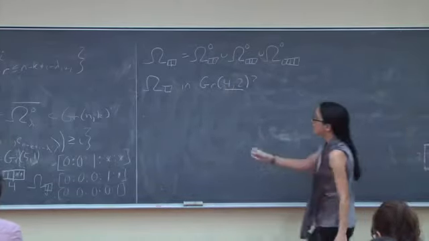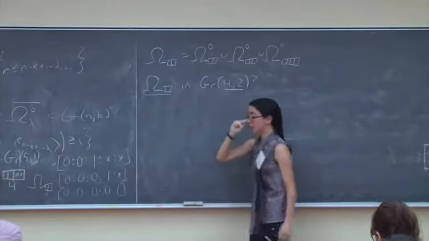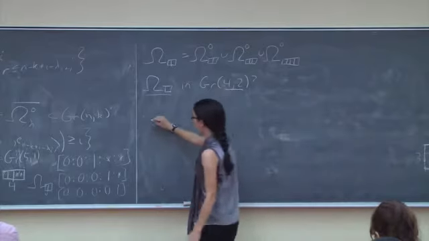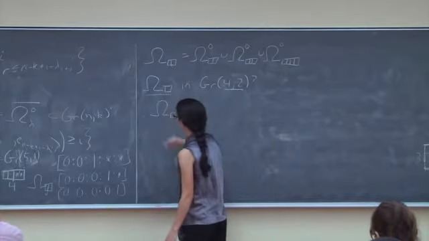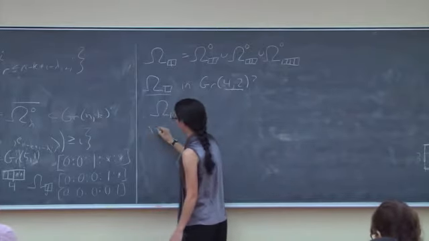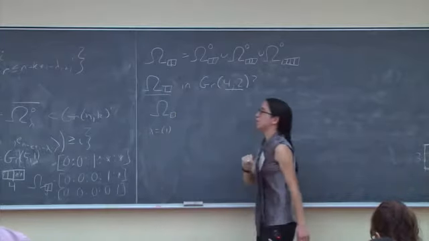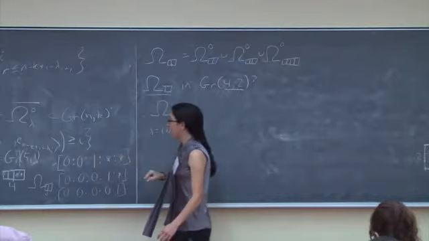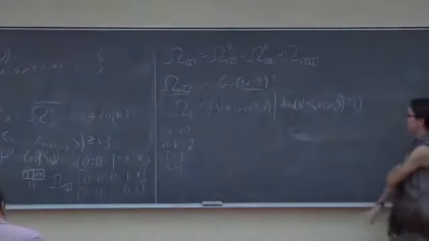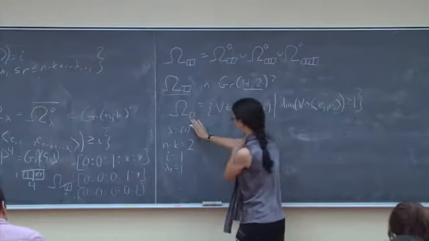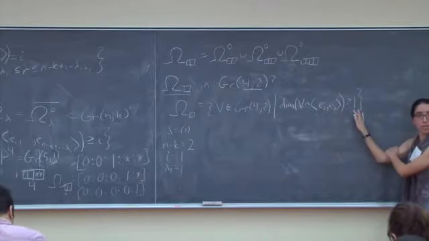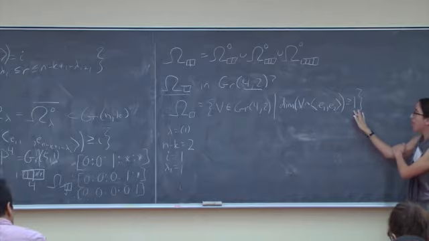And I claim that this Schubert variety is what we need to solve our problems. So let's write it out. This is the partition lambda equals just 1, so it has one part. Using this definition, this Schubert variety is telling us all the 2-dimensional subspaces that intersect a fixed 2-dimensional subspace in dimension at least 1.